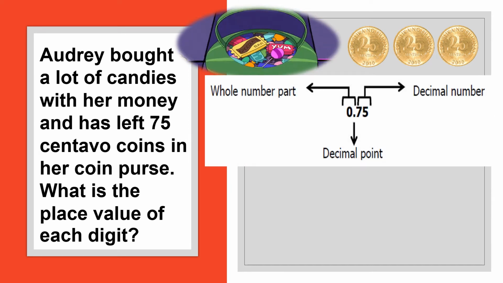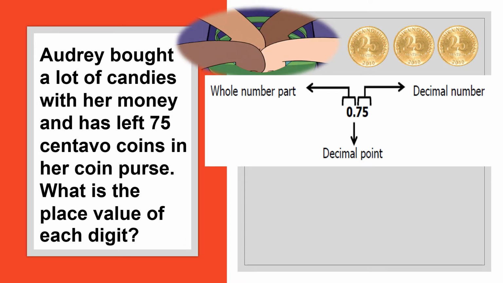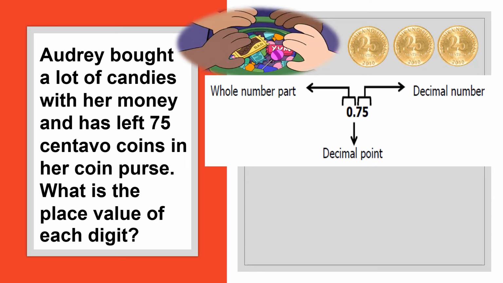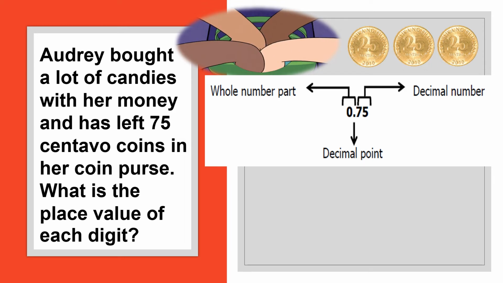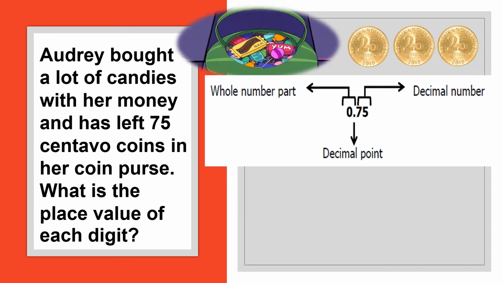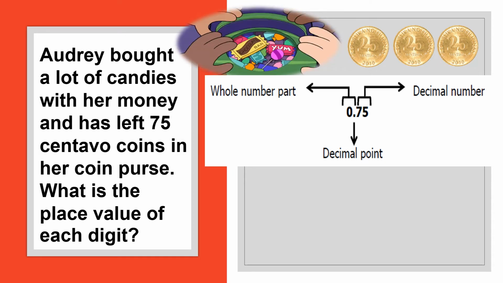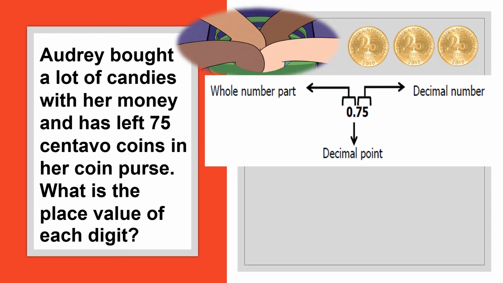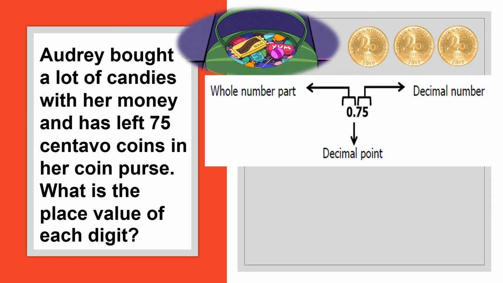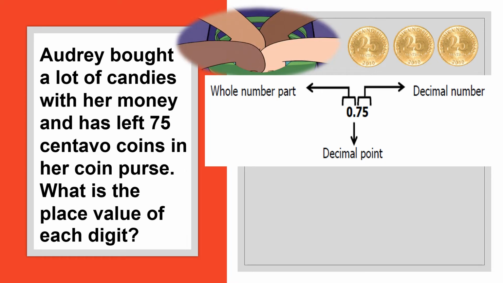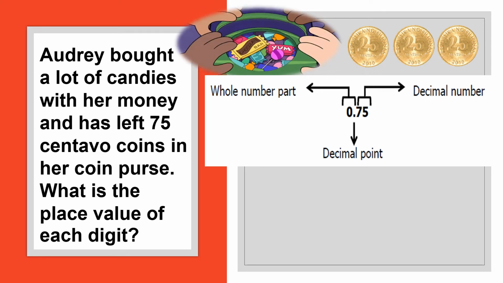So to represent 75 centavos, we have the whole number part and the decimal number part, and they are separated using a decimal point. To represent 75 centavos, we write 0.75.